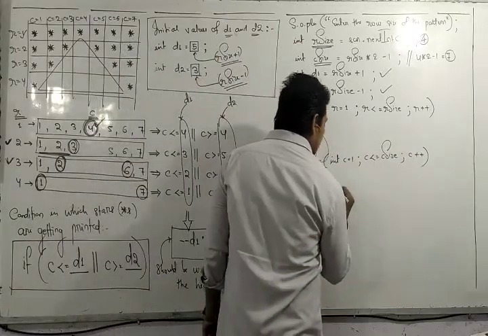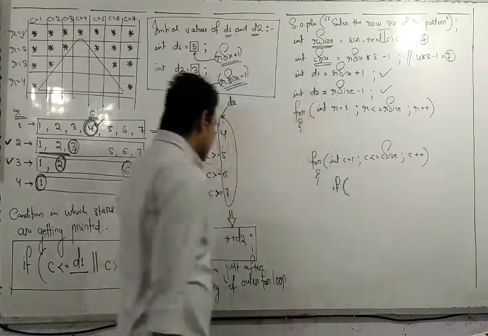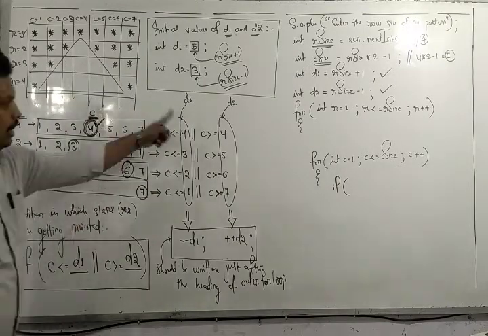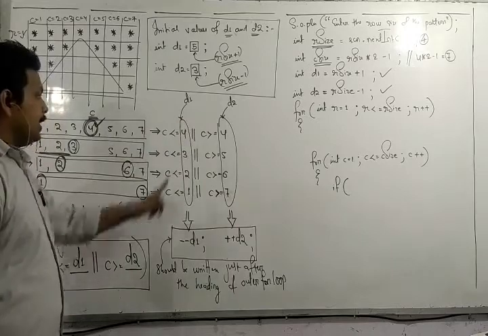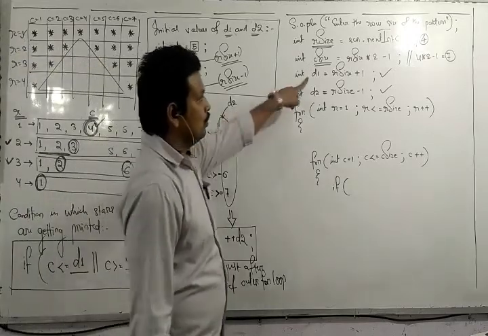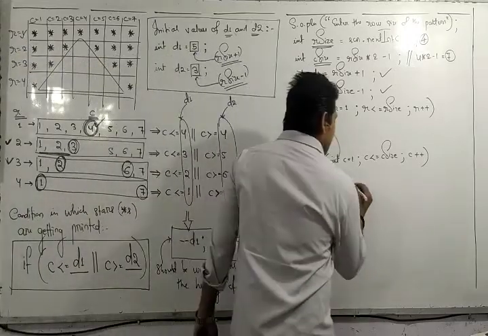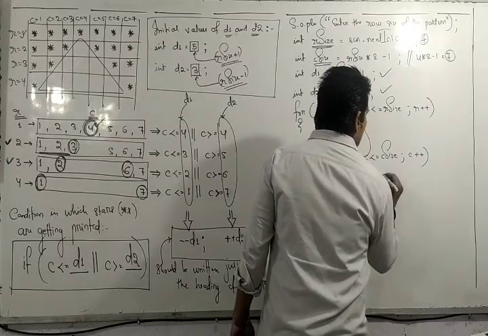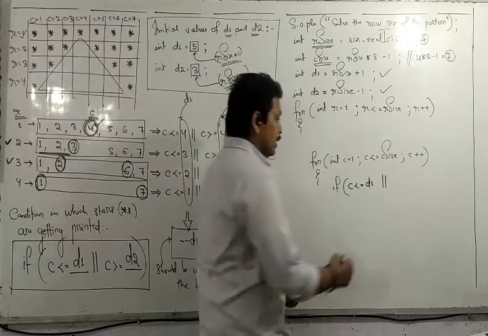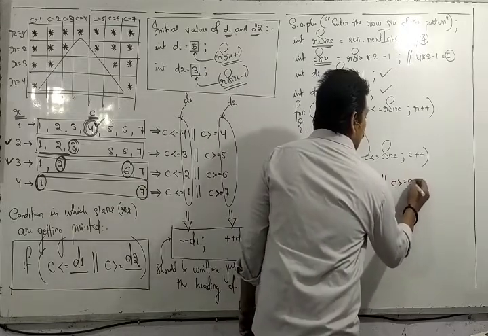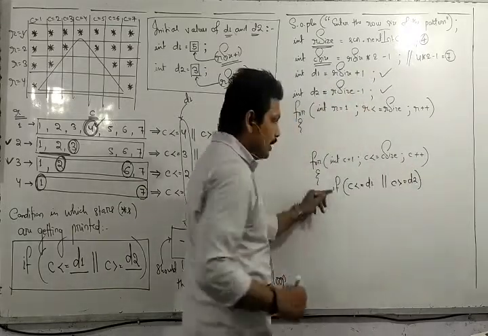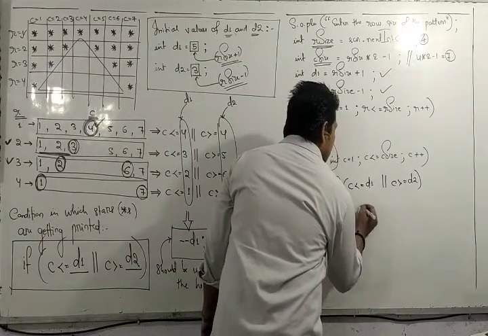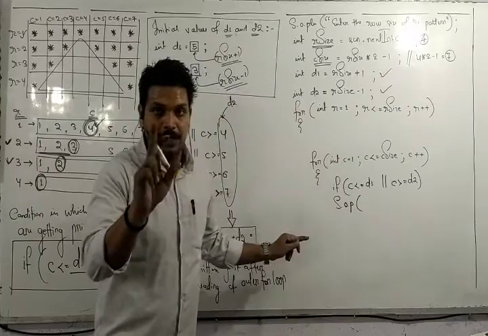loop, I will put the condition. Which condition? This is the condition. If C is less than equal to D1 or C is greater than equal to D2. So I will write C is less than equal to D1 logical or C greater than equal to D2. If this condition is satisfied, then we will print system.out.print, not println.